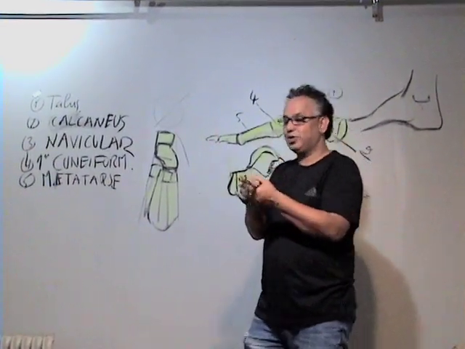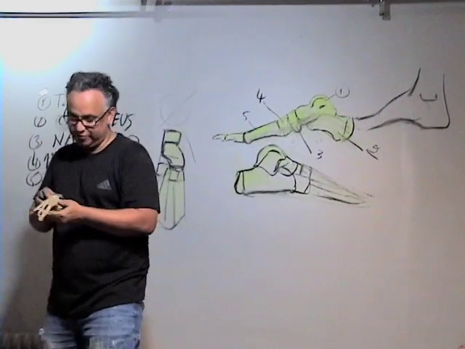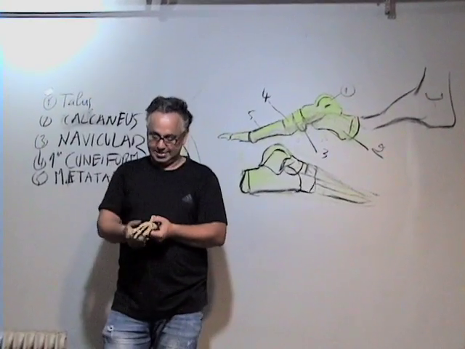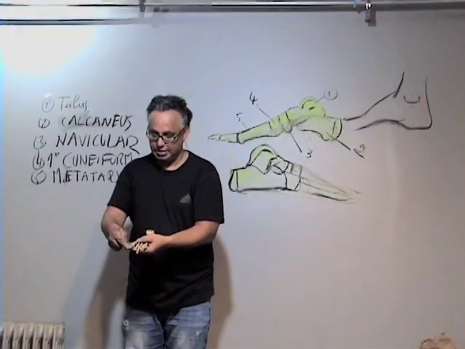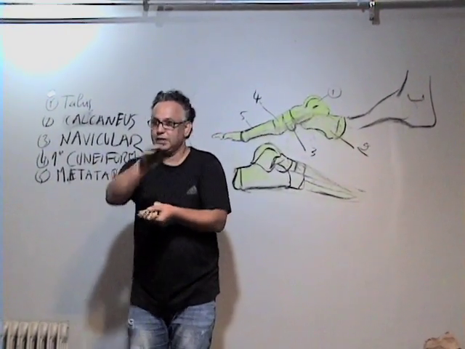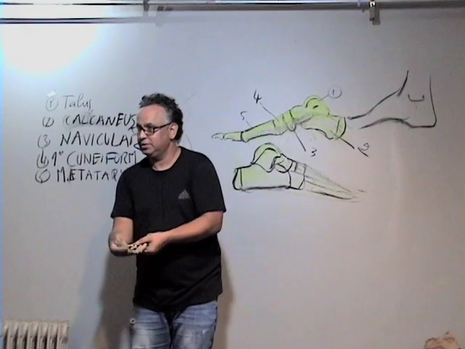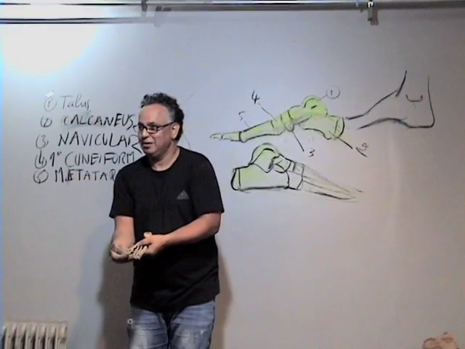The first remark, the first observation, is that all the toes arrive at the same level, on the sole, on the floor.